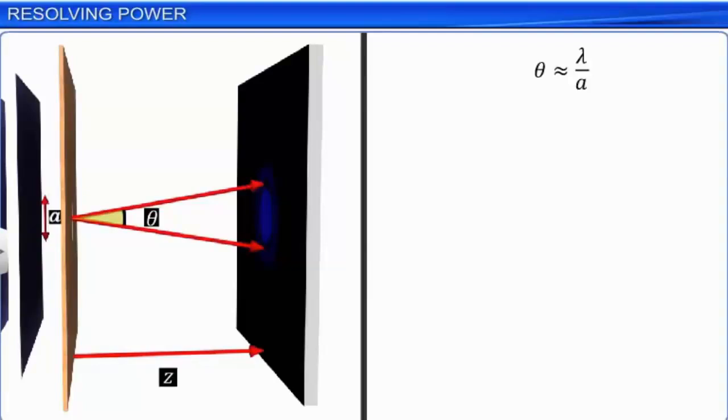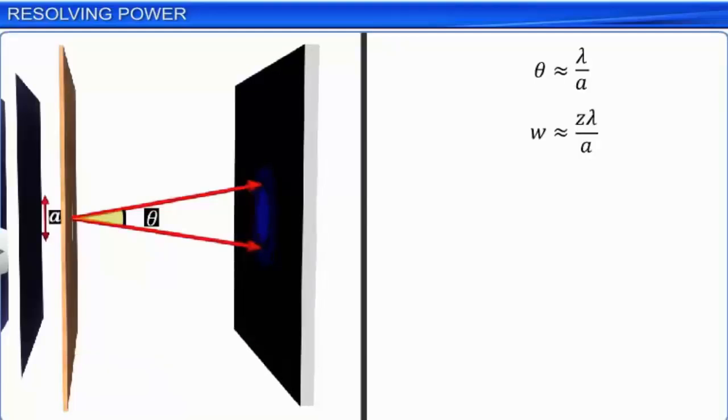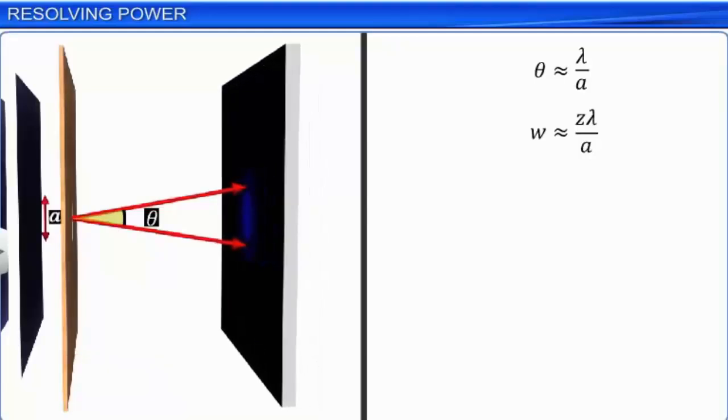The value of z, for which the spreading of the image due to diffraction is approximately equal to the size of the aperture A, is called Fresnel distance. That means, if w is equal to A, then z is equal to zf.